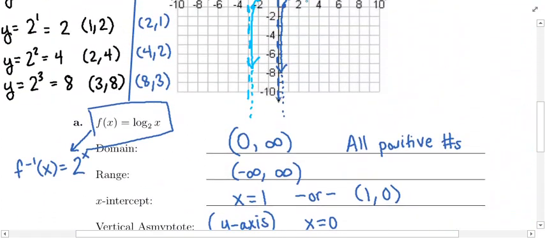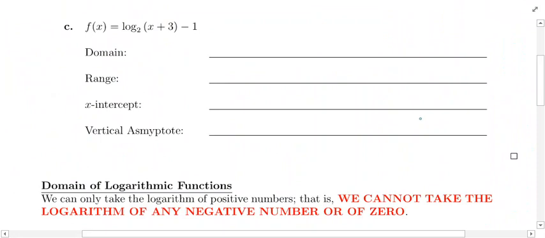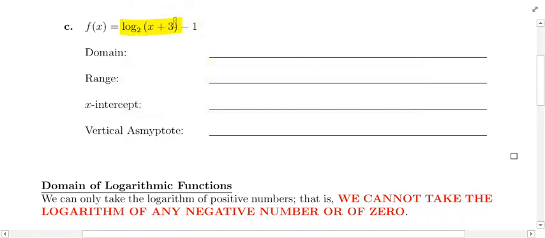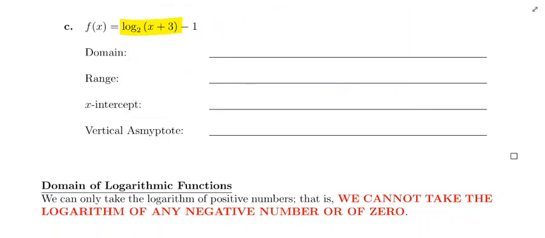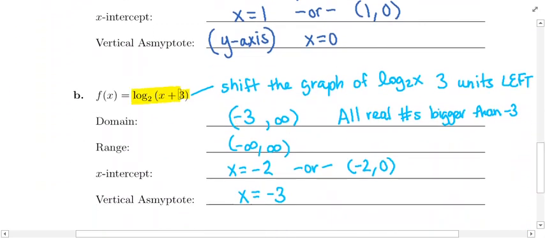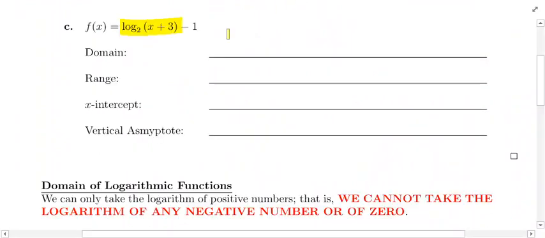Moving on to the top of page 5, we are going to try to graph f of x equals log base 2 of (x plus 3) minus 1. Again, we do not have to start from scratch. This graph also involves log base 2, in fact, the graph we just did in light blue, log base 2 of (x plus 3), from part B. What's different is that now we're subtracting 1.